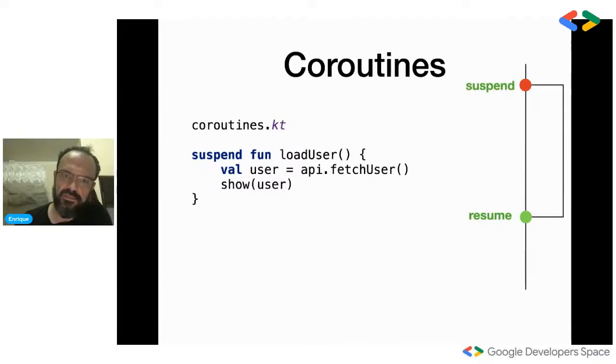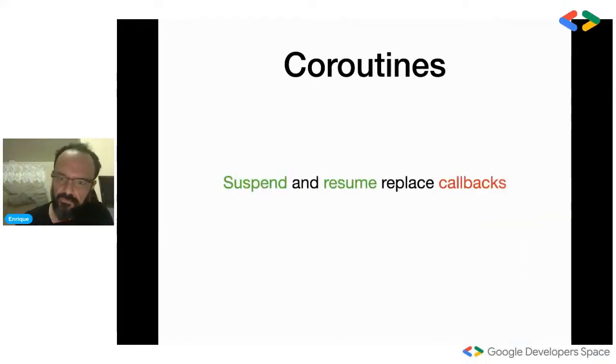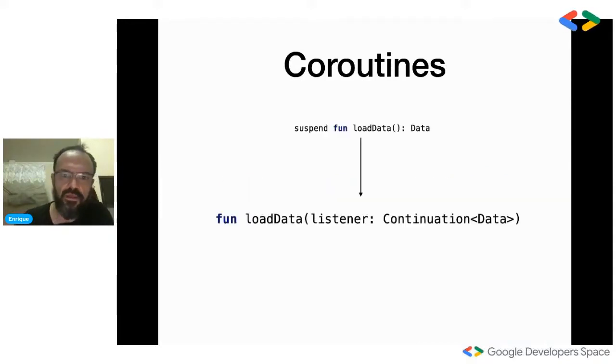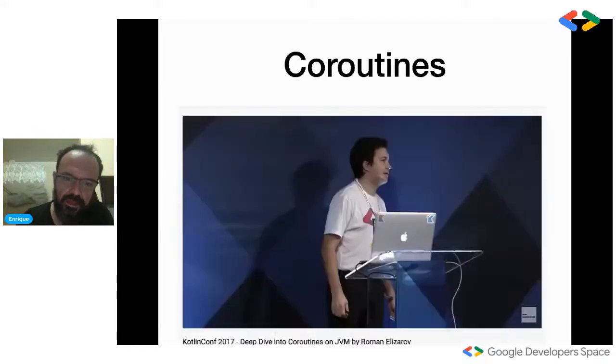And conceptually, it works like this. We need to suspend the function. We execute the blocking call, the API call. And when it's ready, we just resume it without blocking any UI. So suspend and resume replace the callbacks. If you're more interested in knowing what happens under the hood, this suspend keyword creates a listener that is passed to the function, which is an object of type continuation with some data.